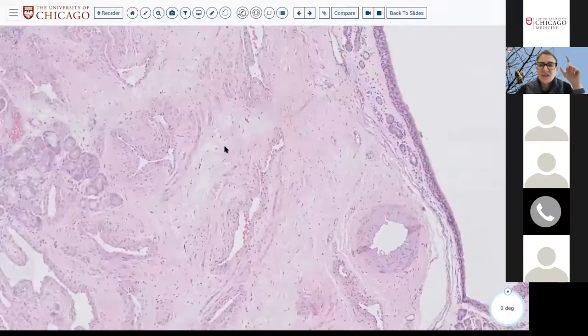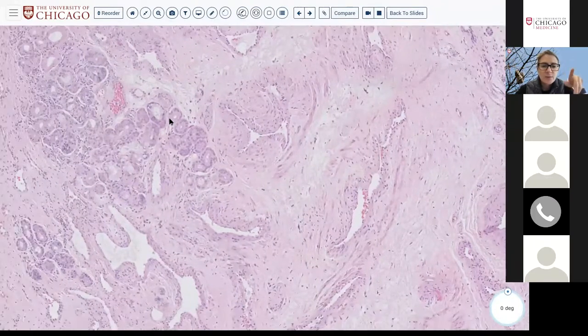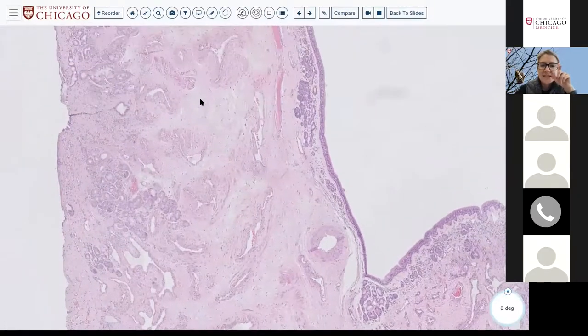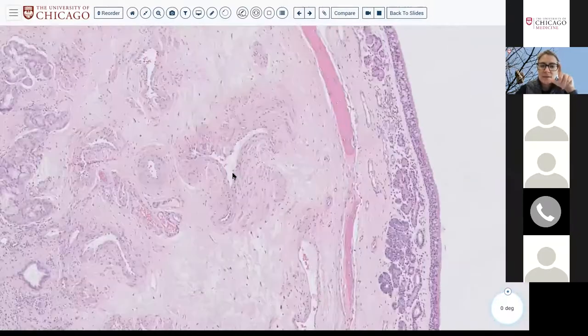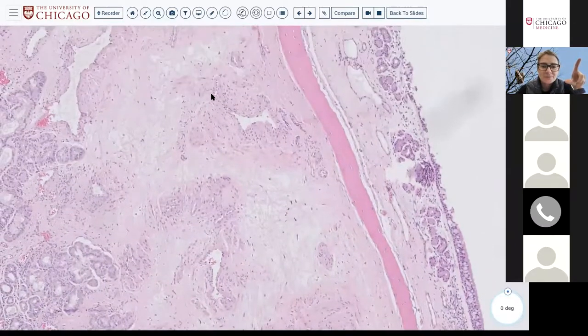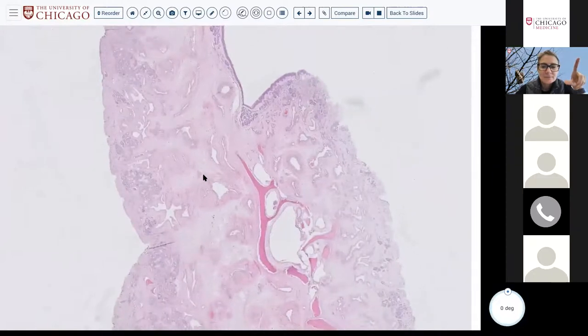So what particular structure in the nose and sinonasal cavities has respiratory mucosa and bone, but these very prominent muscular vessels in the stroma? I know I've talked to some of you about this already. Anybody? Hello?